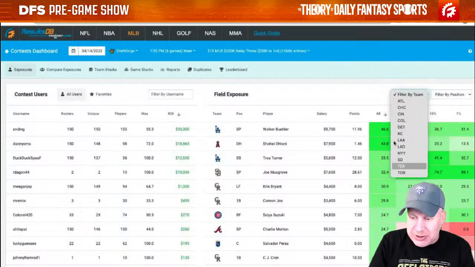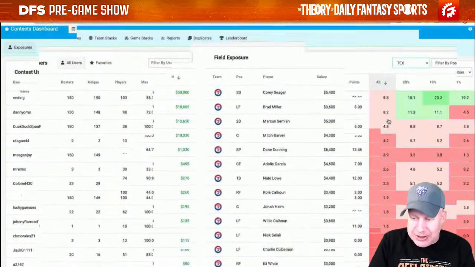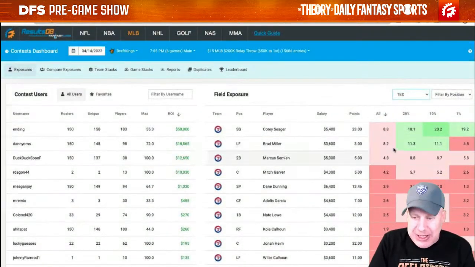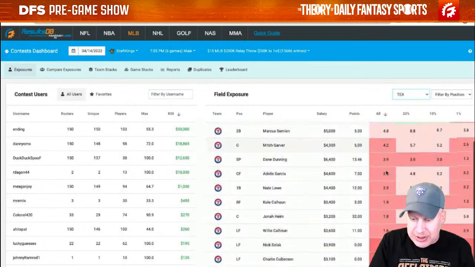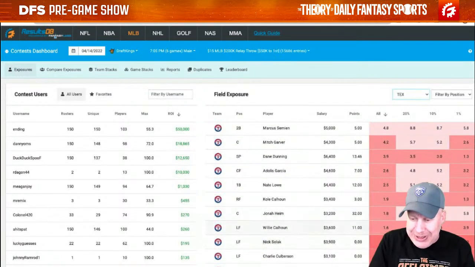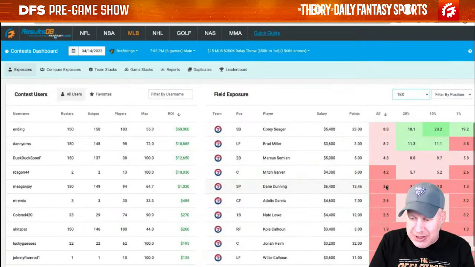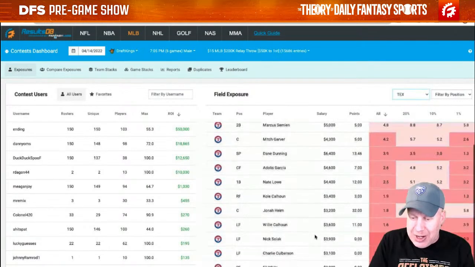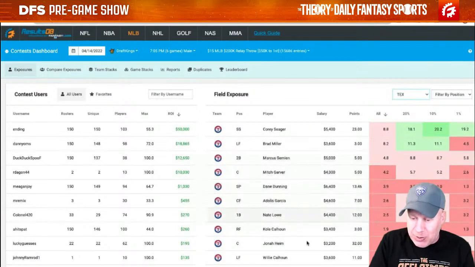I mean, if we take a look at this Texas ownership yesterday, it was great. Look at this. On a 6-game slate, 8% for Seager because he's a shortstop and it's a weaker position, right? Heim, Willie Calhoun, Cole Calhoun, Nate Lowe, 2.5%. Now, Garver and Heim are at the same position. That's why Garver was more owned than Heim.